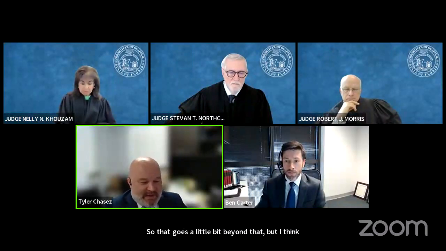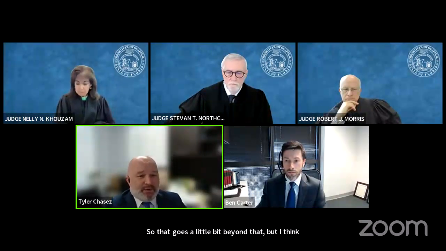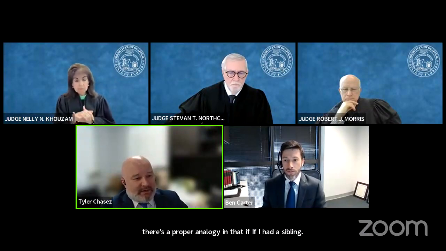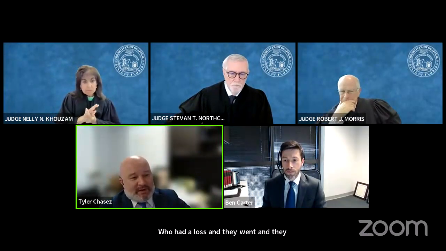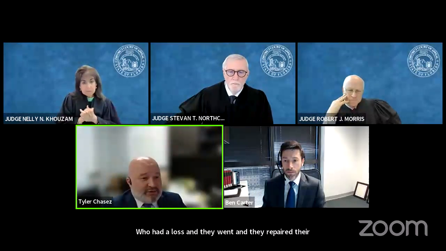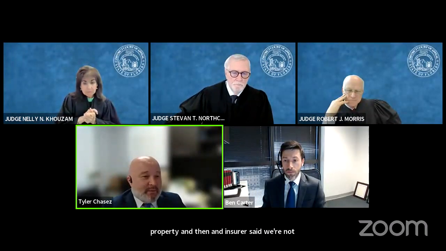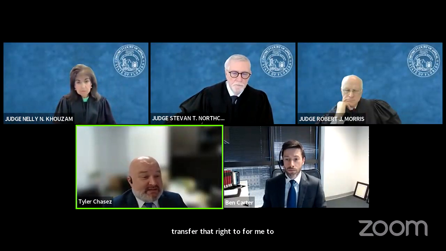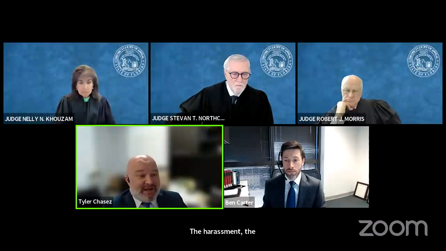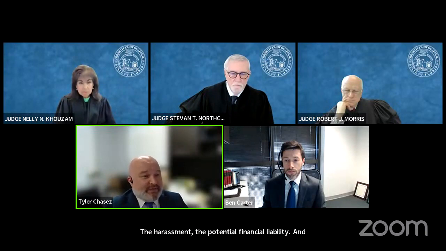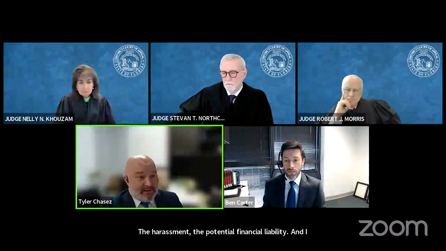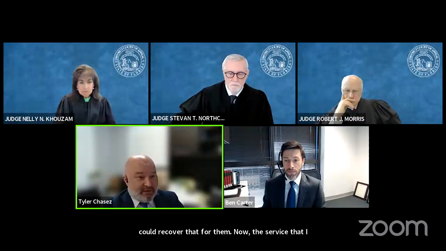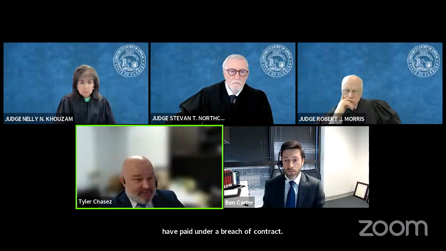But I think there's a proper analogy in that if I had a sibling who had a loss and they repaired their property, and then an insurer said, we're not paying you a dime, or we're paying you $100, they can transfer that right to me to recover, to save them the time, expense, the harassment, the potential financial liability. And I could recover that for them. Now, the service that I provide is one of collection of something that should have been paid under a breach of contract. And the service they're providing is simply to transfer it to me.